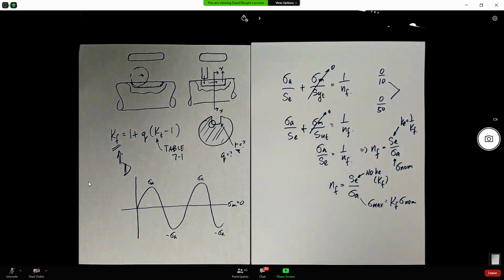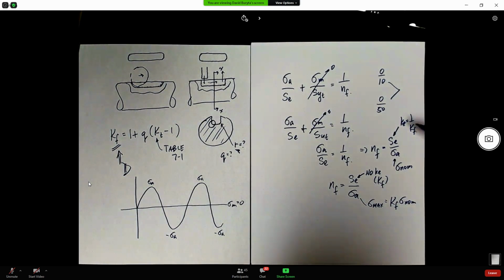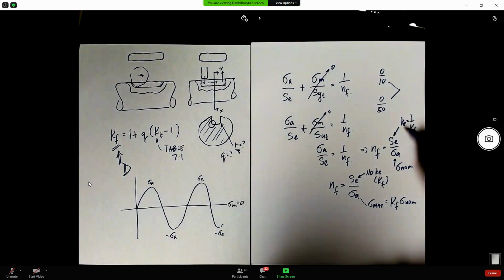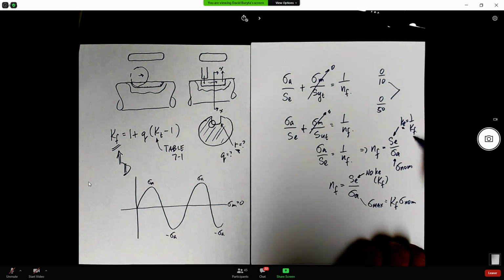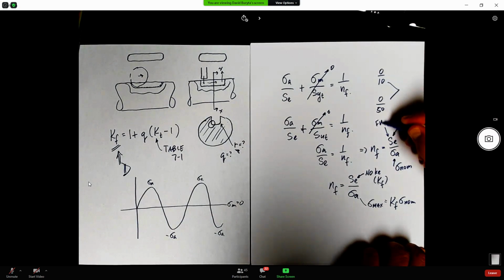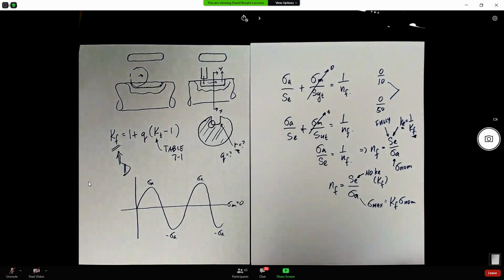Oh, yeah. Okay, Mike. So if you include this miscellaneous factor, which includes the stress concentration factor, so this would become what I call the fully modified endurance limit, okay?